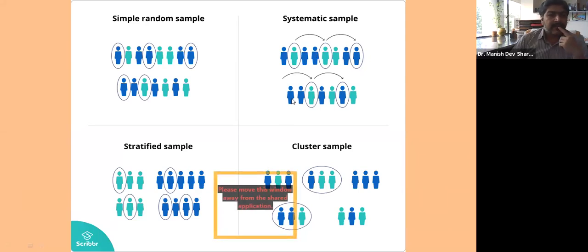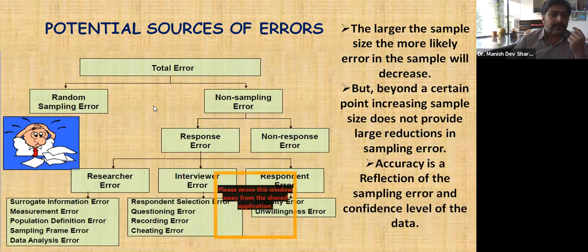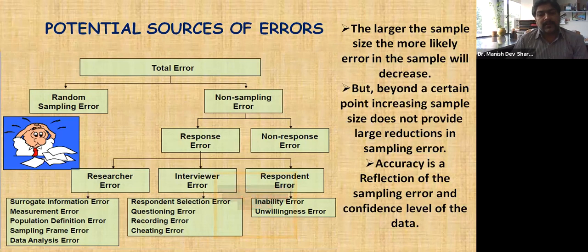In this way, we can say that there are, of course, potential errors. We have to tap out the potential sources of those errors. The larger the size is, the more likely it is that error in the sample will decrease. But beyond a certain point, increasing sample size does not help us.